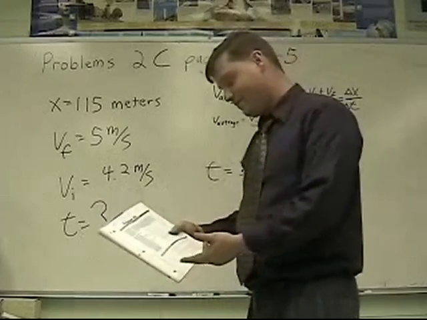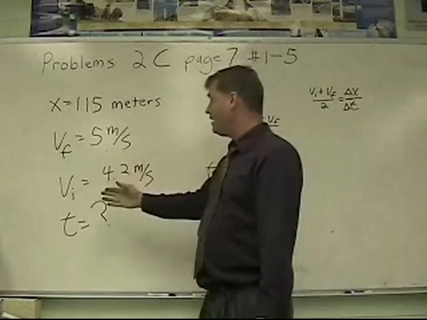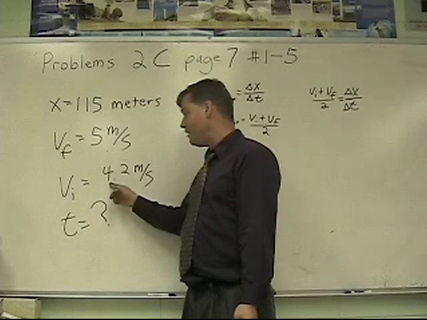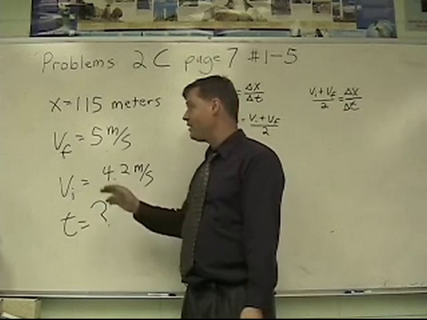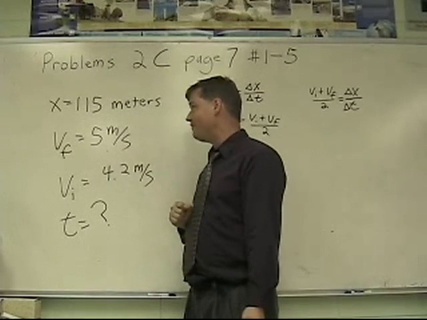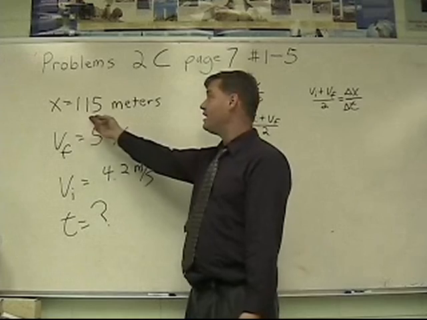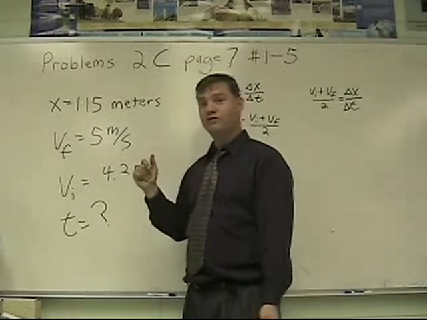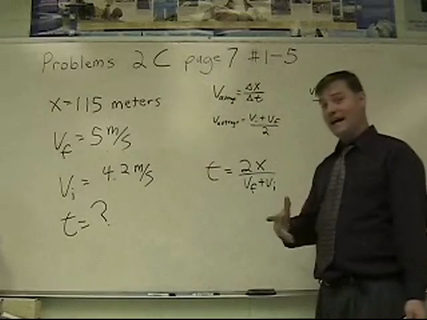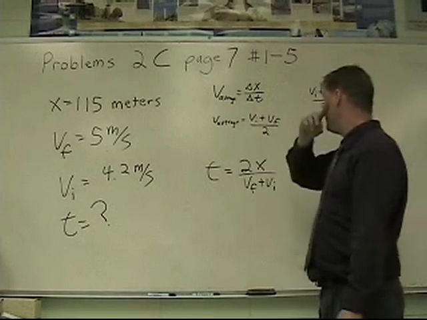Assuming that we have the same pace going on here, we have an initial velocity of 4.2 meters per second, and we have a final velocity of 5 meters per second over 115 meters. Our equations: we know that our average velocity is equal to delta x over delta t.